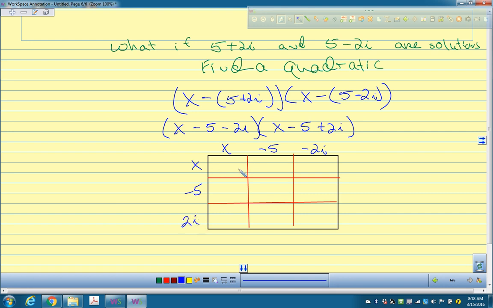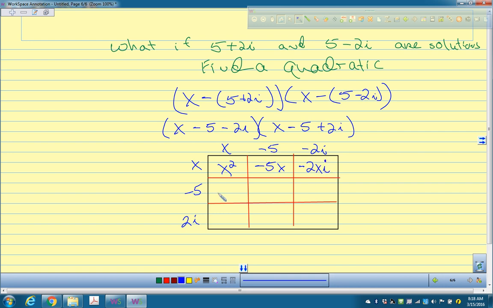The best thing to do is this, because I've done this before and I always end up making mistakes. So when you're multiplying these terms together, the best way to do it is like this. What's x times x? What goes here? Negative 5x. What goes here? This is kind of a weird one: minus 2xi.